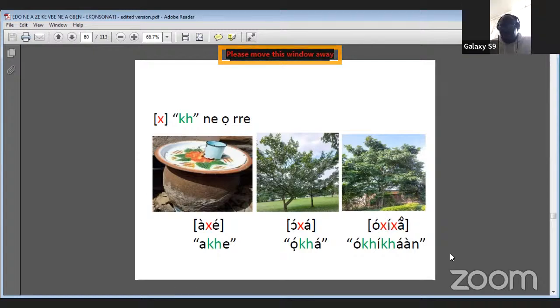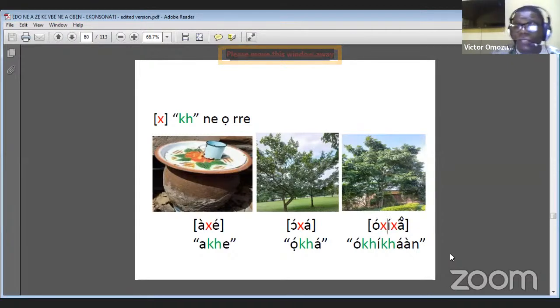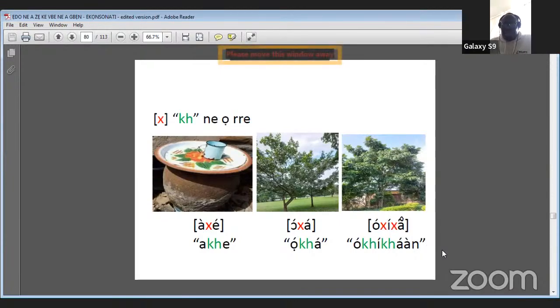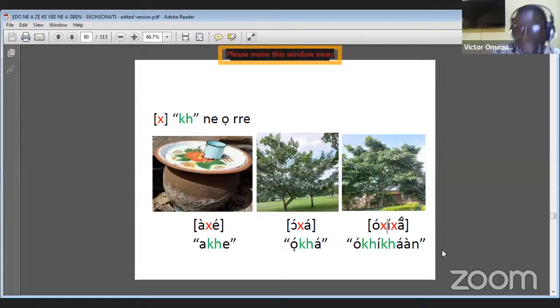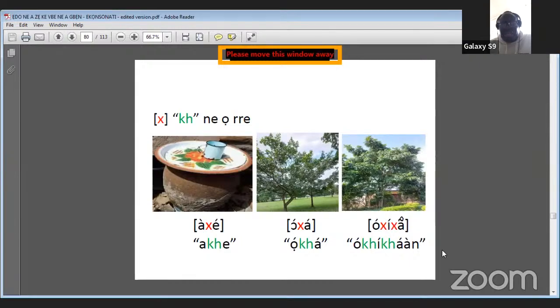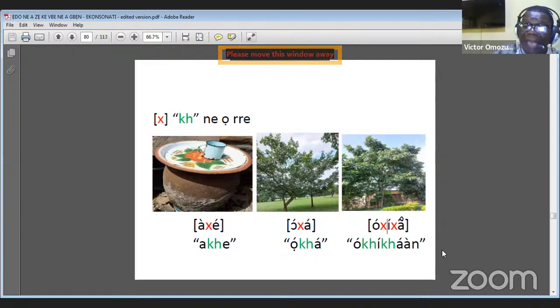Then what about the Oka and Oka? When an Esan person is pronouncing that, they will say Oka. That is the same way Igbos will say Oka. In writing, you write O with a subdot, then the letter K, followed by two letters AA.